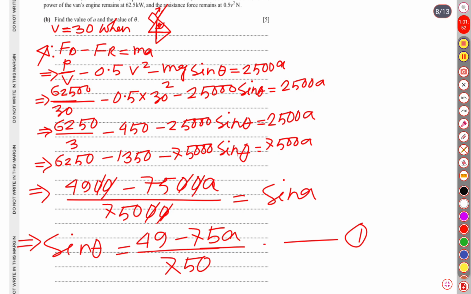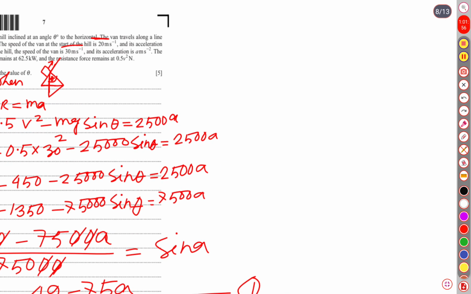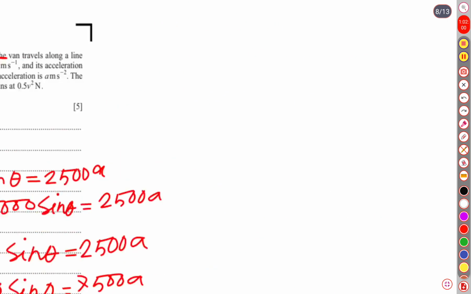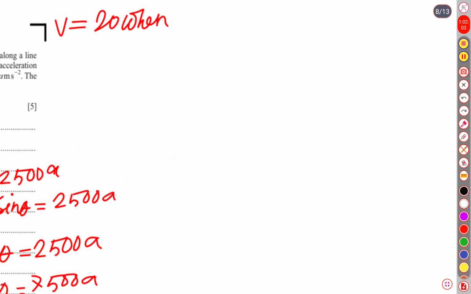Now there is another velocity mentioned on the same hill. So we will write when velocity is 20, and the direction is still the same, because the van is moving on the same hill.